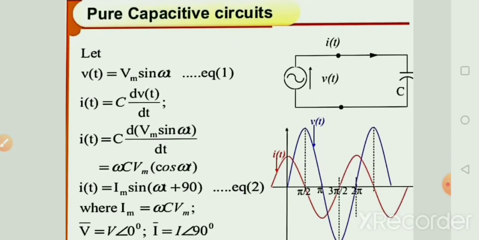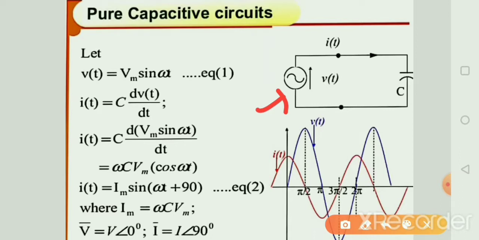Now the other circuit is the purely capacitive circuit. In a purely capacitive circuit, whenever AC supply is given to the pure capacitance, we know that the capacitor will charge. Let's take an applied voltage Vm sin omega t.